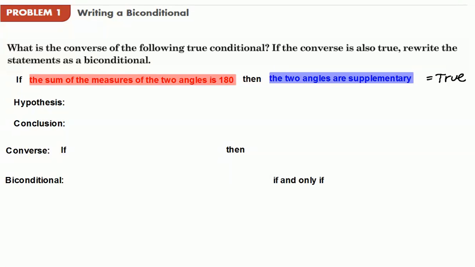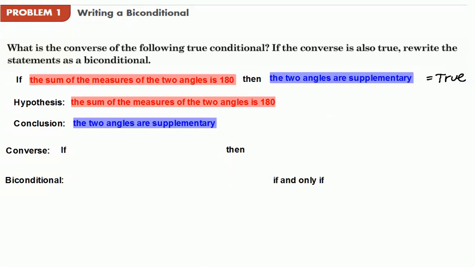Now we're going to identify the hypothesis. The hypothesis is the sum of the measures of two angles is 180. Now we identify the conclusion. The conclusion is the two angles are supplementary. Now we're going to use these and do the converse.